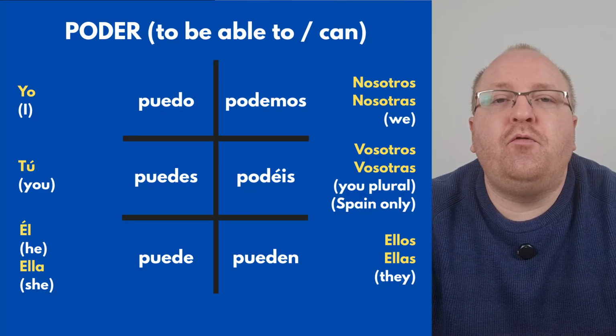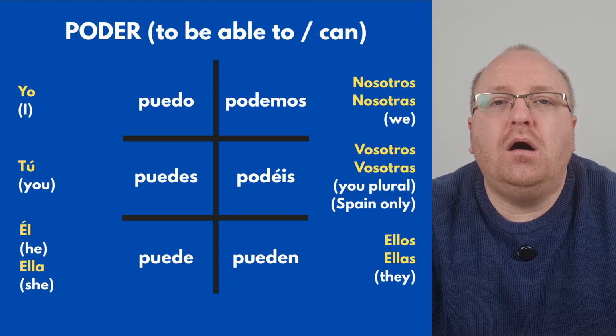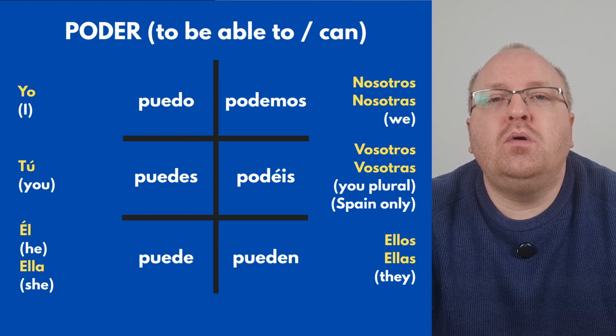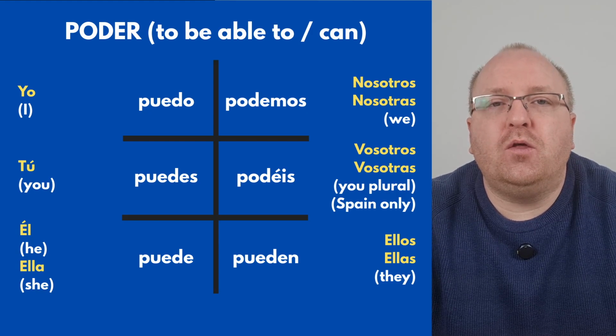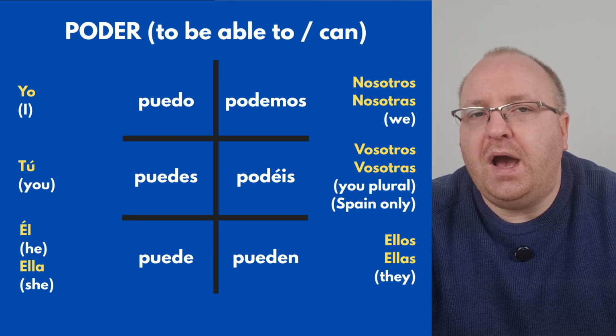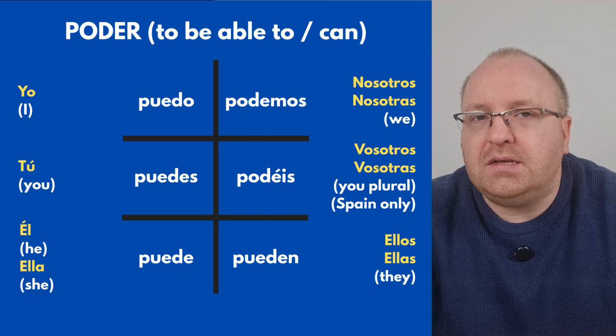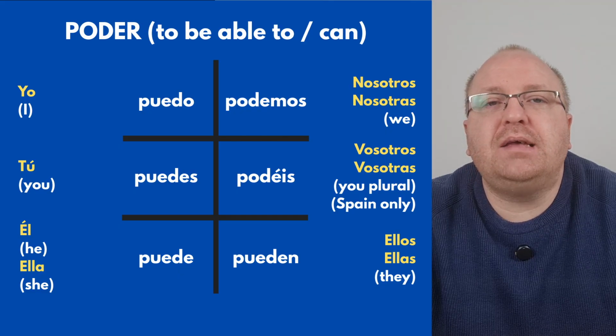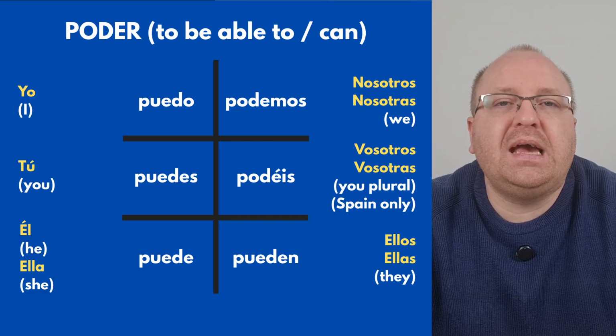So the conjugated forms of poder are I'm able to or I can, puedo. You are able to or you can, puedes. He or she is able to or he or she can, puede.